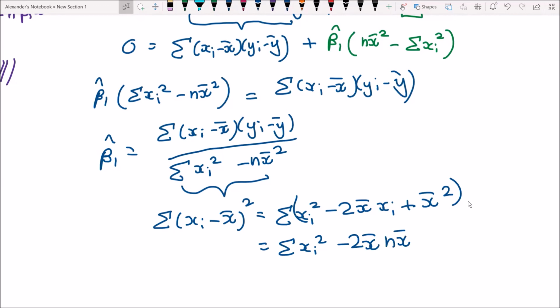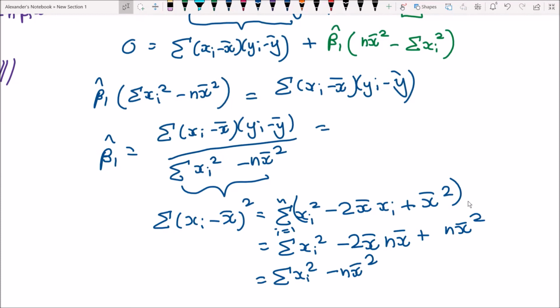It's negative 2x bar times the summation of xi, which is negative 2x bar times n x bar, plus we have n x bar squared that we are summing because it's the summation from i is 1 to n. So plus n x bar squared. So this simplifies to the summation of xi squared minus n x bar squared.